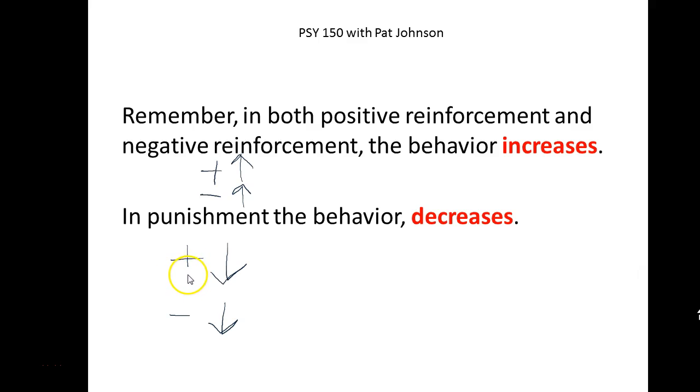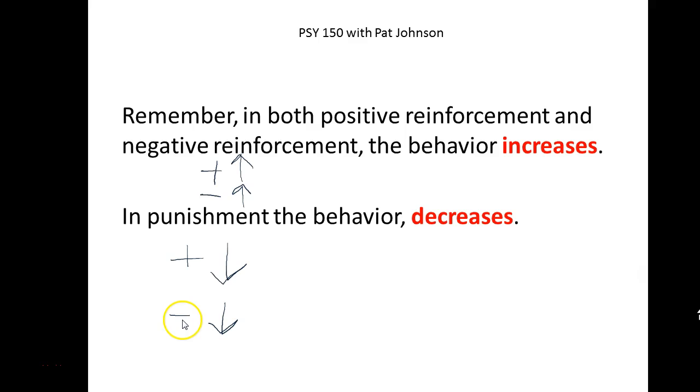Positive punishment would be, let me give you an example. Something happens and your behavior decreases. So in other words, you swat your 3-year-old on the butt, something is added, and let's say he stops touching the hot stove, or he stops throwing a tantrum. In negative punishment, something is taken away and the behavior decreases.